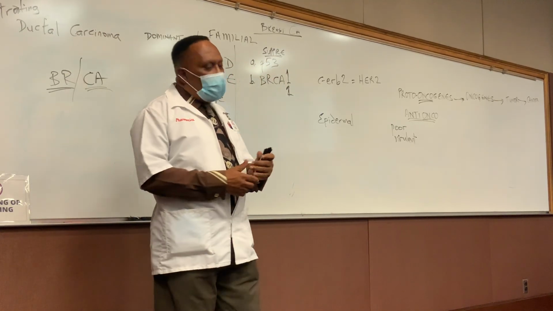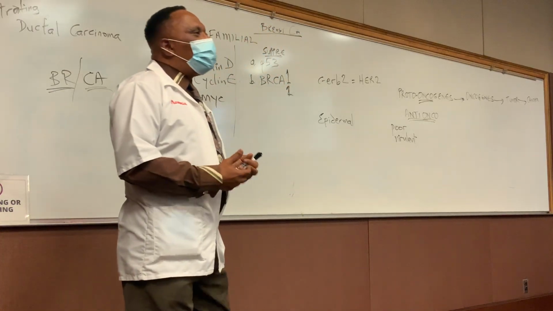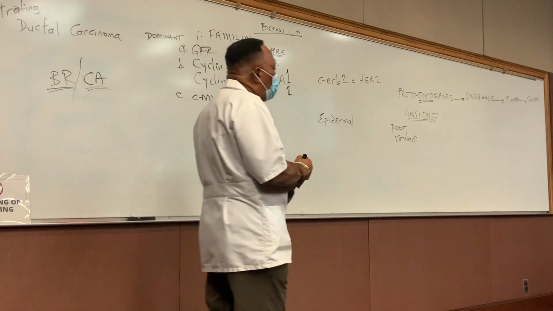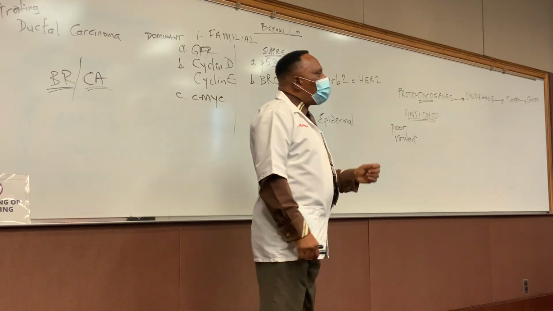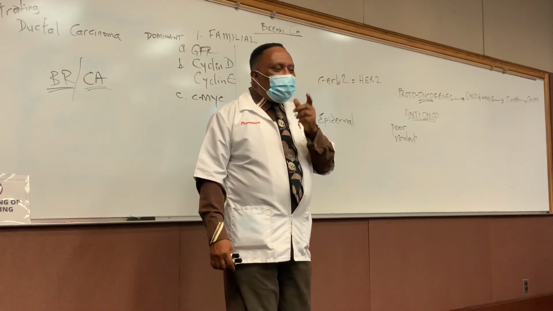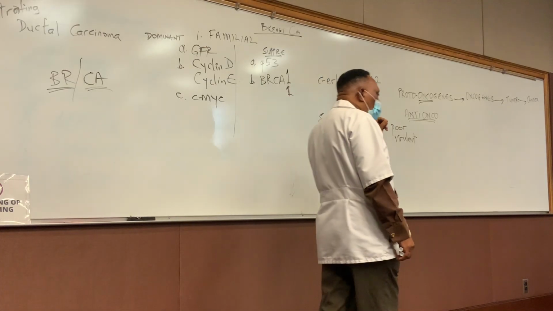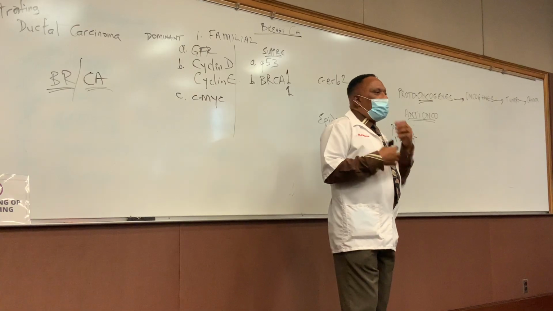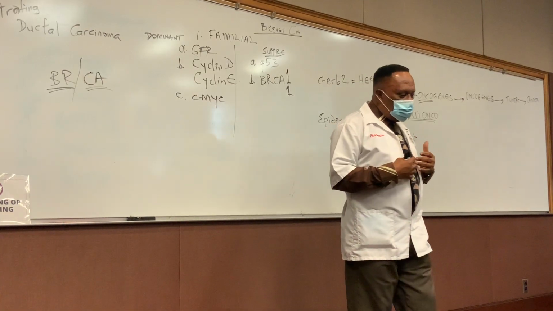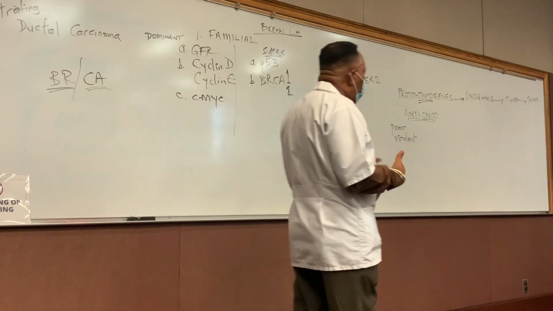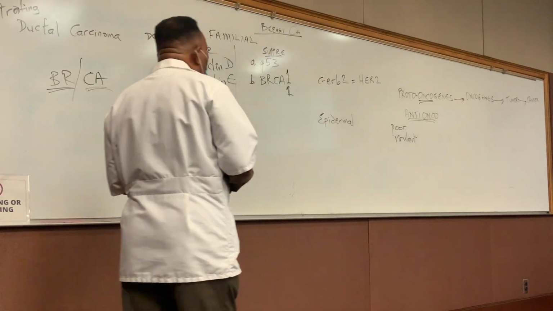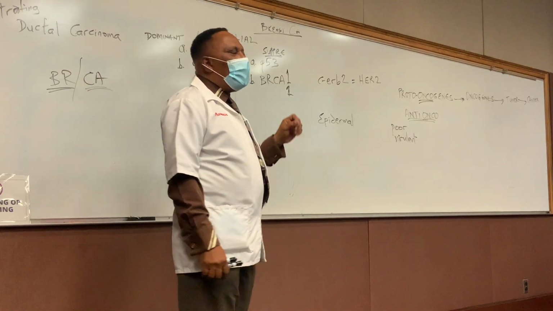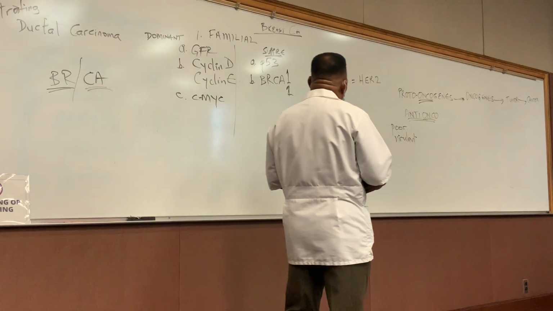So if somebody has the evidence of BRCA1 or BRCA2, but particularly BRCA1, they can have poor prognosis, and they are likely to have bilateral breast cancer. So it's not likely to be just in one breast. It's likely to occur in both.